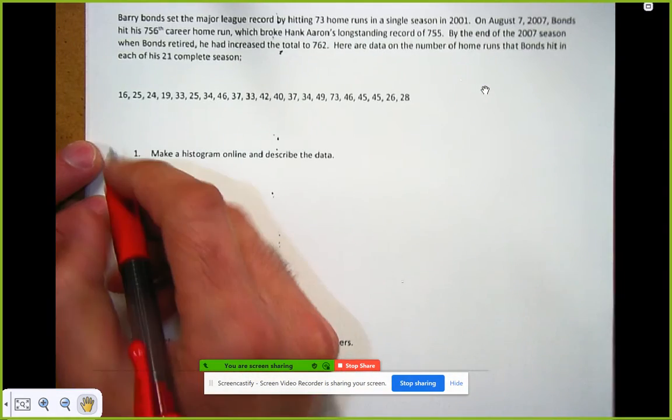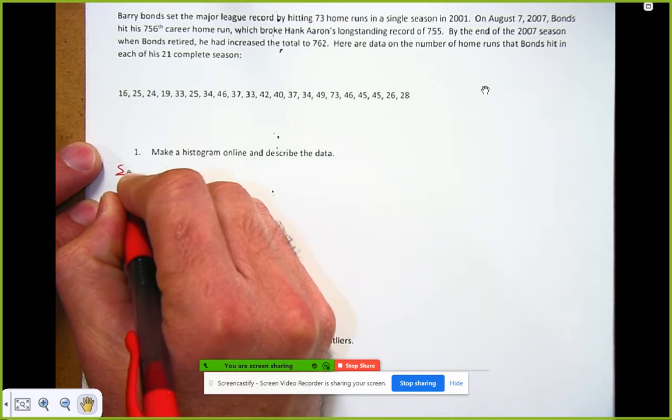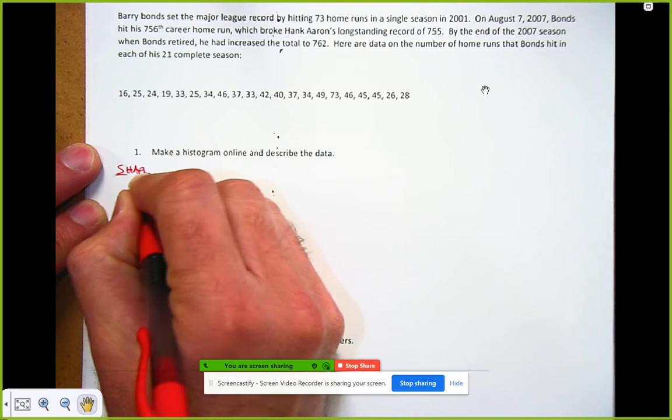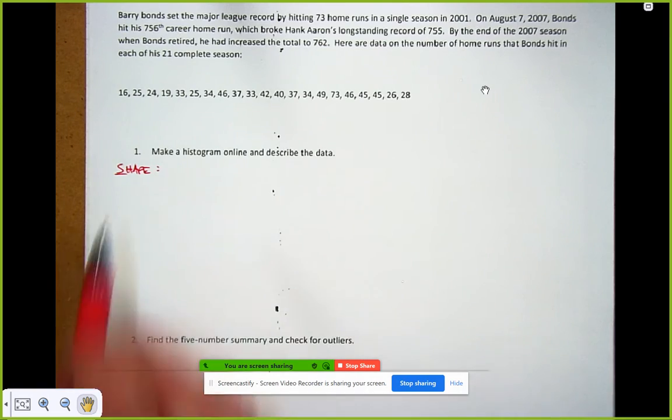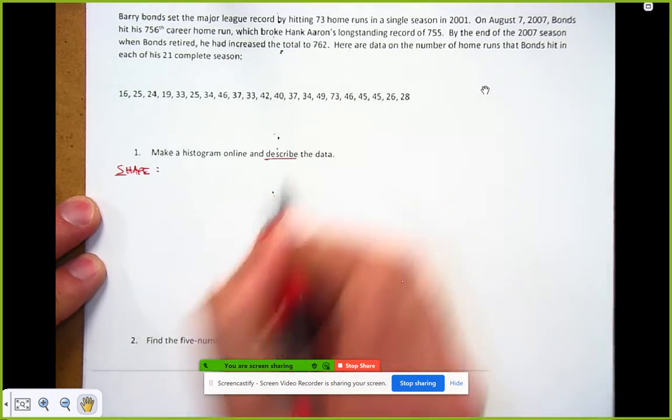And so if you write down S, the first part of the acronym, that stands for shape. And if you took the quiz and you did not use the acronym SOCS, you didn't get points, right? So that's maybe why things didn't go great for you. You have to actually describe data a certain way.